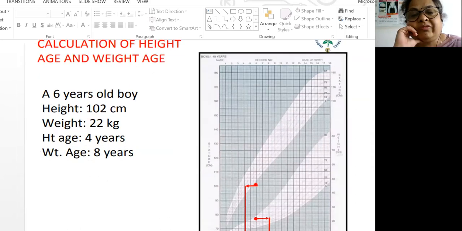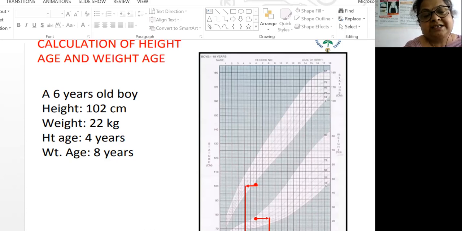Now, calculation of height age and weight age. Again we are taking the example of a 6-year-old child. His height is 102 centimeters, weight is 22 kg. We have plotted the height, 102 centimeters, and it is coming at 4 years of age.